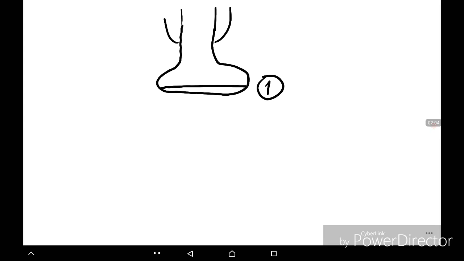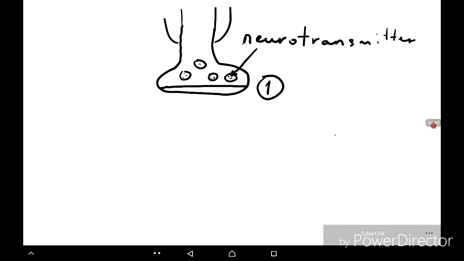The myelin sheath is finished here, and the axon produces the terminal, which inside contains the vesicles with a chemical compound that is called neurotransmitter, or mediator. So, first part of the synapse is the presynaptic membrane.